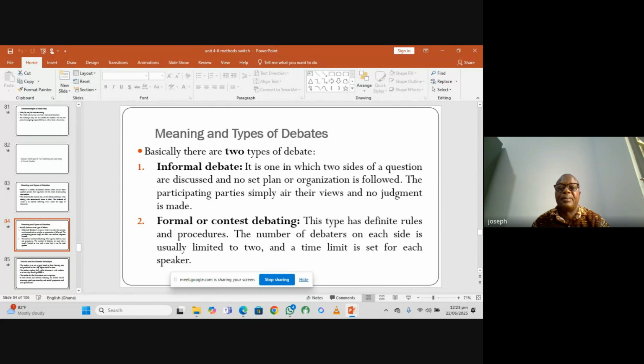So in the former one, there are laid down rules and procedures that we follow because at the end, you declare the winner. But the informal one is not done following any rules or procedure.